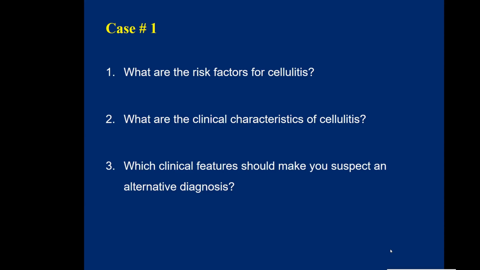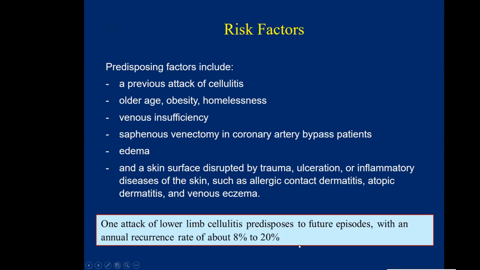I think that you guys pretty much know this. You did a great job. So in terms of risk factors, there's a lot, and I think we got most of them. A previous attack of cellulitis is a risk factor. Older age, obesity, homelessness, venous insufficiency, as we see very commonly.